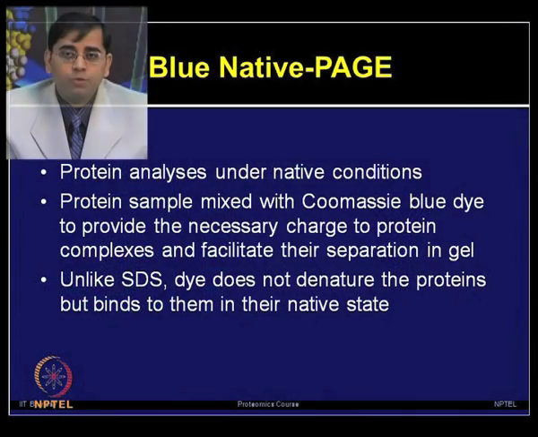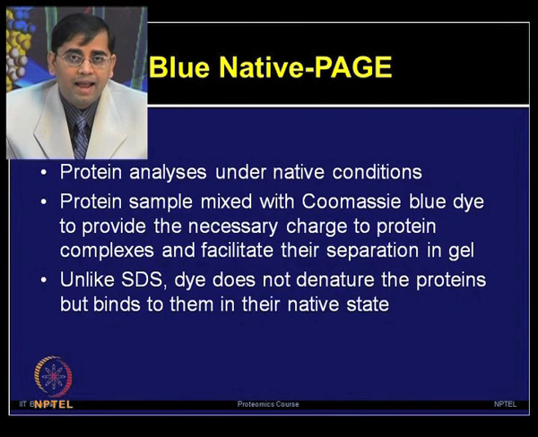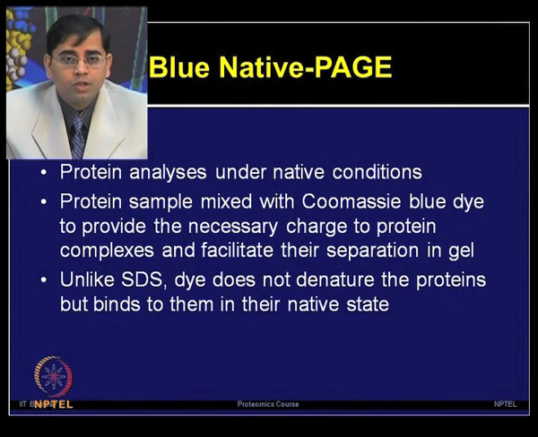Here, you are not going to boil your protein sample with SDS and provide different types of denaturing conditions. So, you need to add the sample with Coomassie dye, which provides the necessary charge required for protein complexes to separate in the gel. But as I mentioned, unlike SDS, this dye will not denature the proteins, but it will bind in their native state itself.